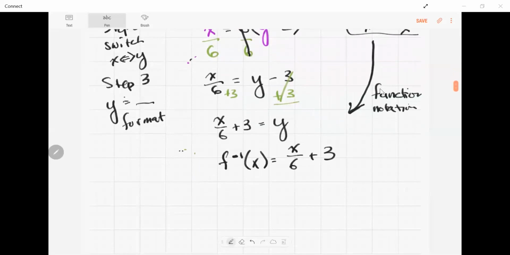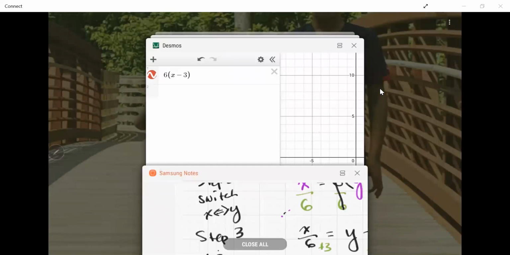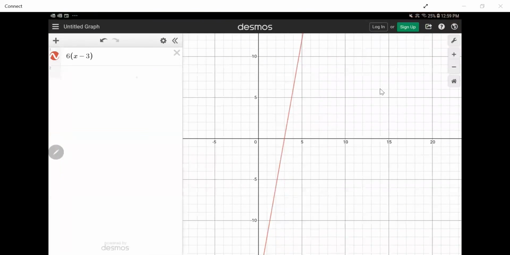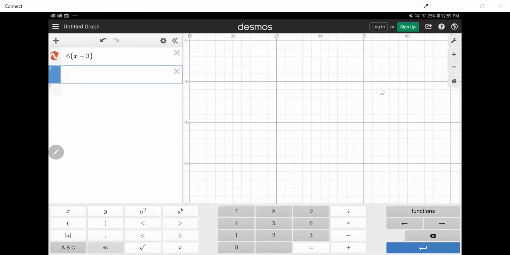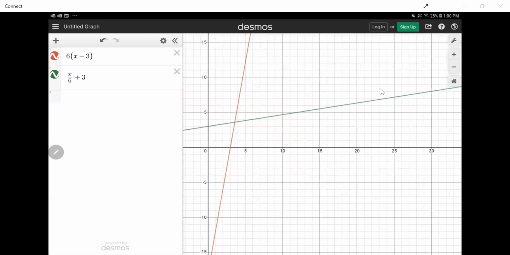Let's go back to the graph page and see if that's what we get. Let's put this in: x divided by 6 plus 3. And somewhere on here, there they are.